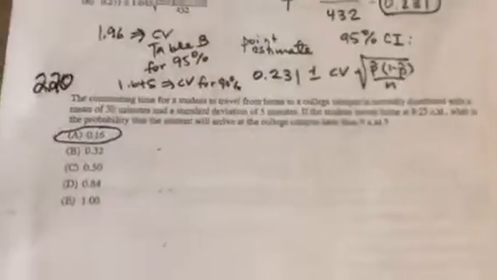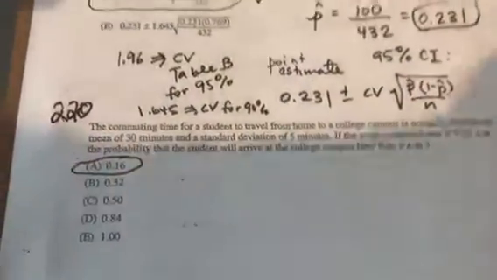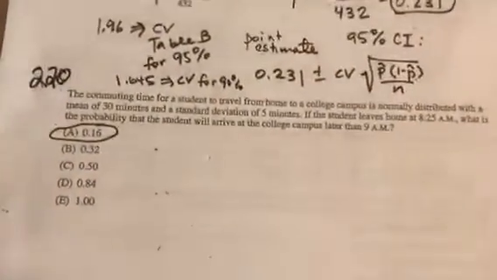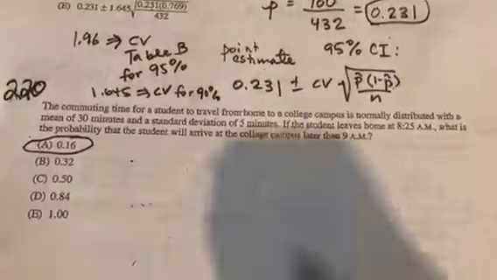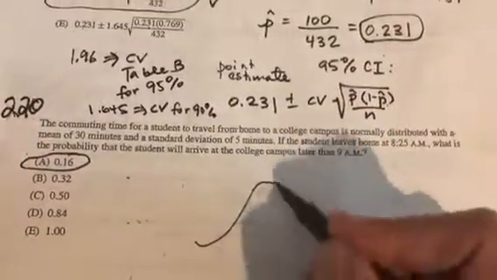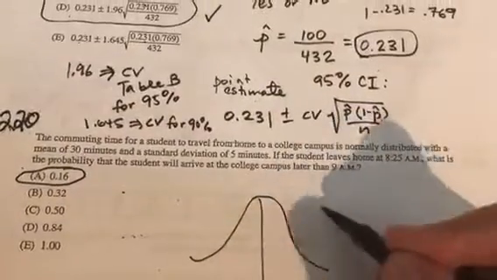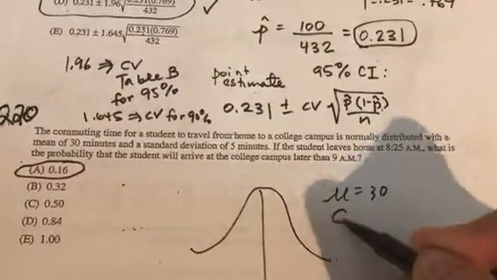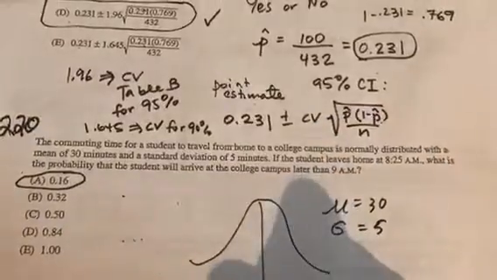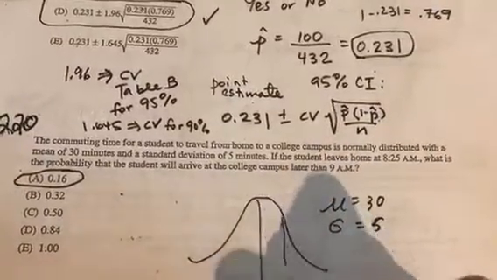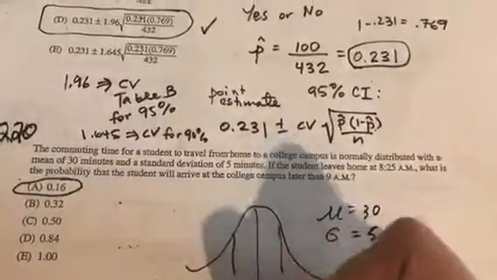Now let's take a look at 220. It states the commute time for a student to travel from home to a college campus is normally distributed with a mean of 30 and a standard deviation of 5. So this seems like a reasonable example.